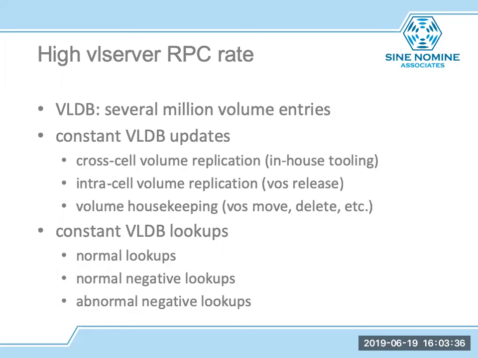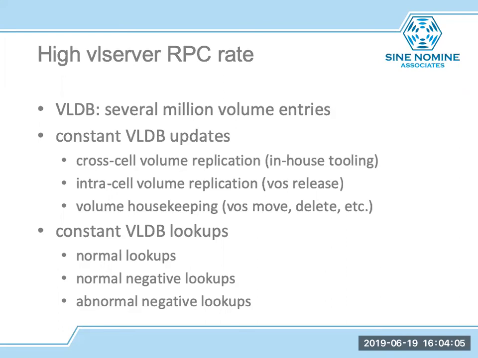But that's why I'm calling out the lookups in their different categories. You can have normal lookups that a client would make to access a volume that exists. You have administrative work that would be accessing a volume that you really hope doesn't exist, and that's a negative lookup, but it's a normal negative lookup. And then, whenever you have a very large installation, you can also have abnormal negative lookups. Someone has configured your application incorrectly.